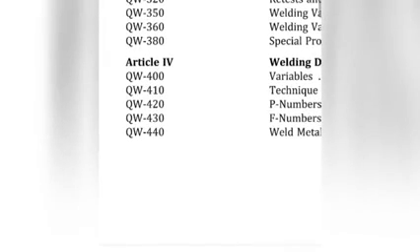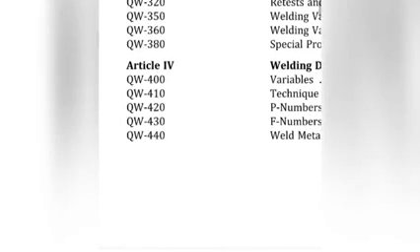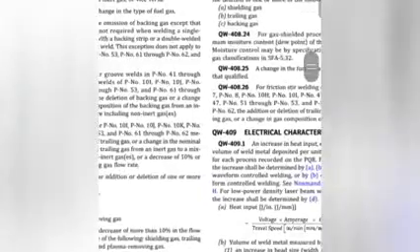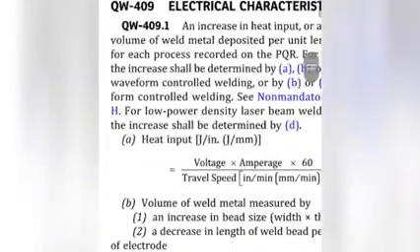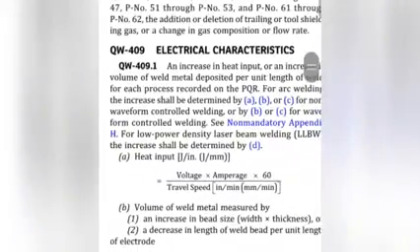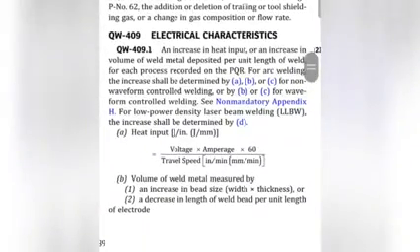If we go to variables, it is listed as QW-409.1. So here it is, QW-409.1, heat input: voltage into amperage into 60 divided by the travel speed.